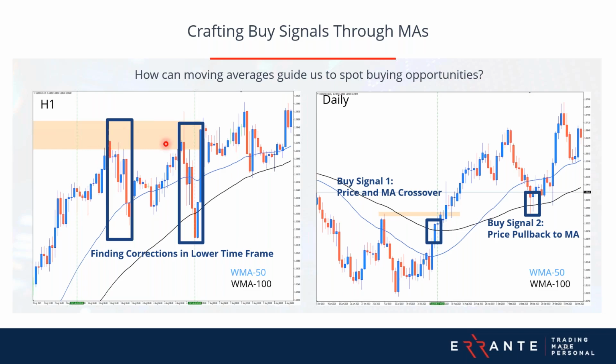For example, you see I zoomed out this level here, and you see this pullback to a short moving average on a shorter time frame can give us a buy signal, buying at the lowest possible level.